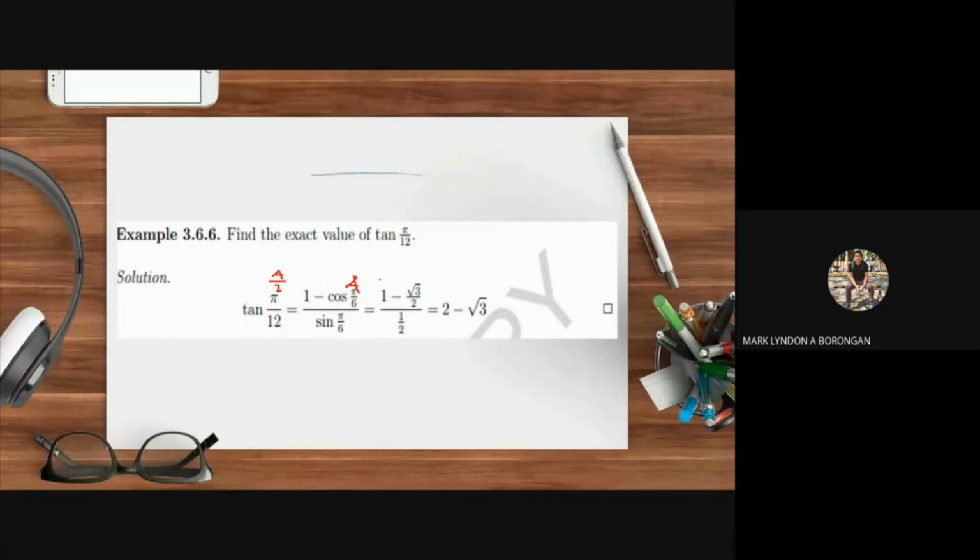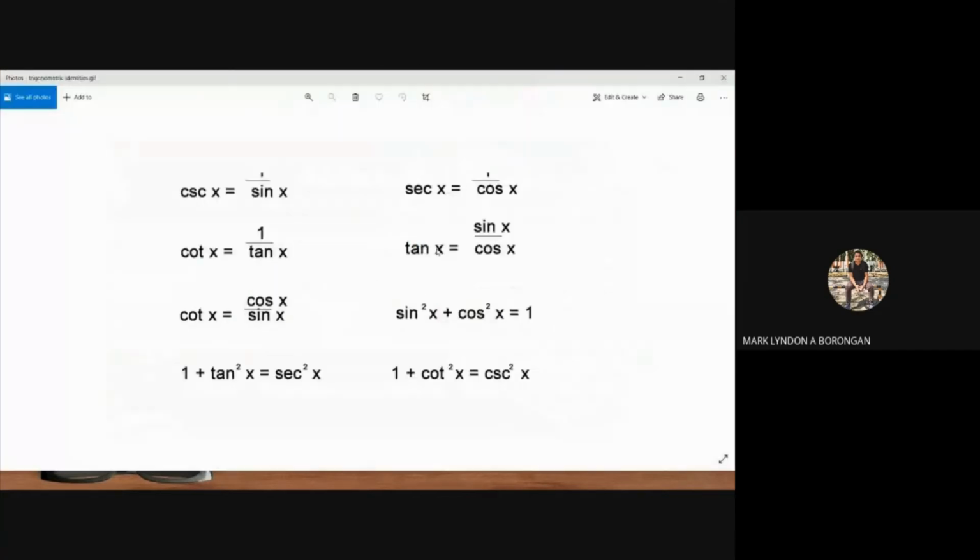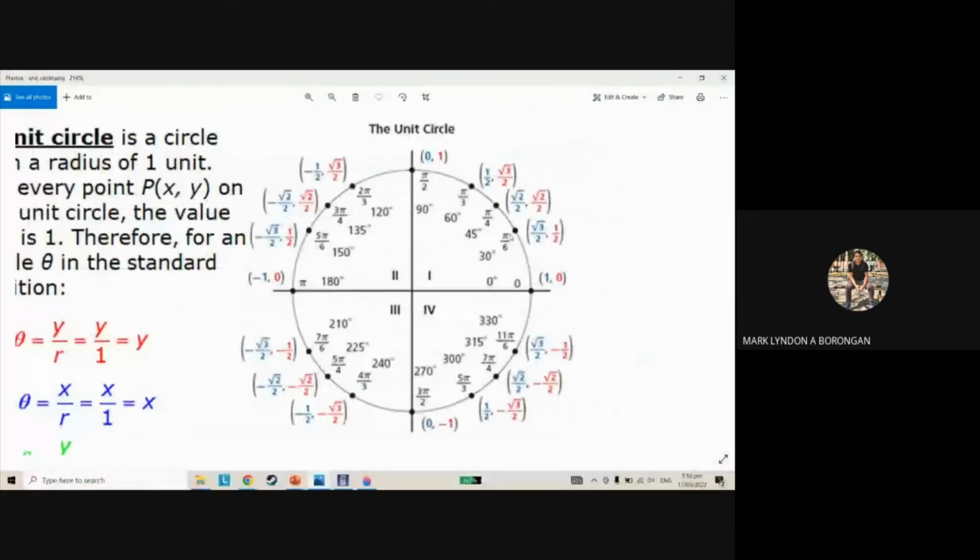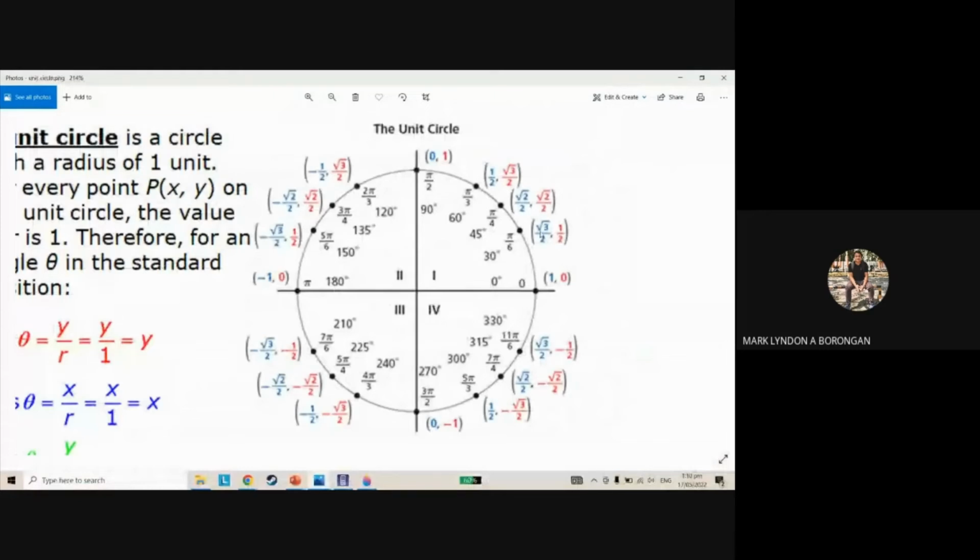Now, solving it, you have 1 minus cosine of pi over 6, divided by sine of pi over 6. The cosine of pi over 6 is the square root of 3 over 2.